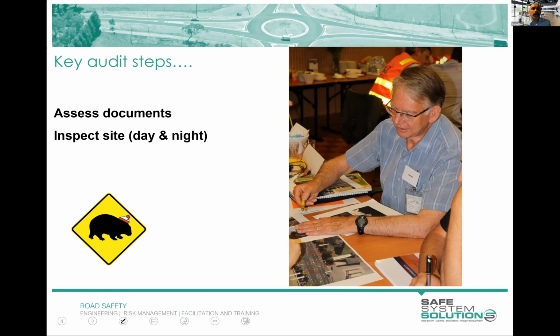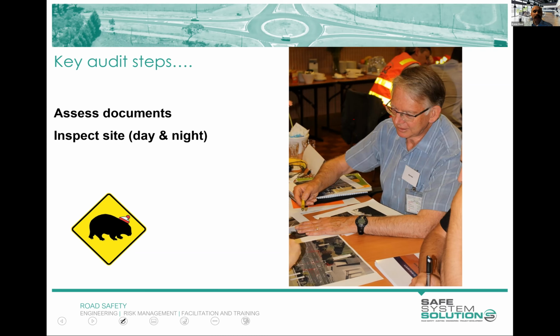Or you might just get one page with a bit of a sketch on it, and that's it. That's all they've done. It's a very early feasibility style audit of a proposal, and they haven't done much thinking about it, but they want to get some safety eyes on that early on. So it can be quite a varied spectrum of information that you are given.